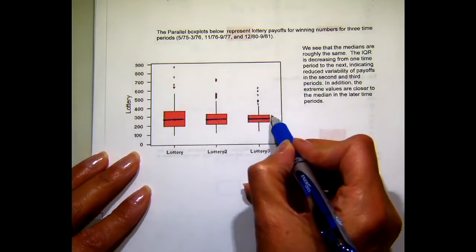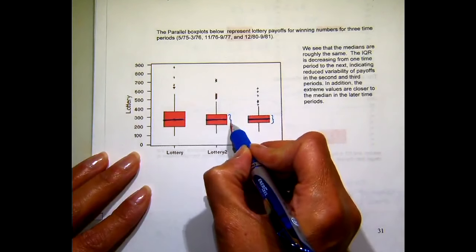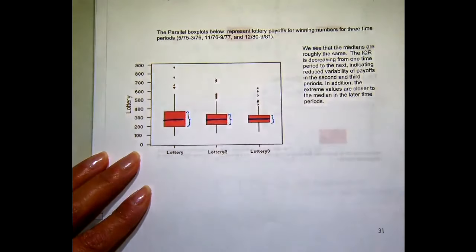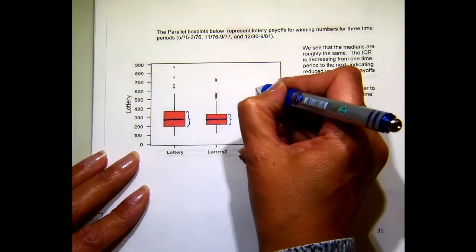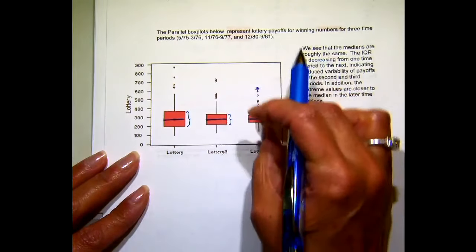I can see that because this distance is getting smaller and smaller, indicating reduced variability of payoffs in the second and third periods. In addition, the extreme values are closer to the median in the later time periods. So it's saying that the outliers are closer in.